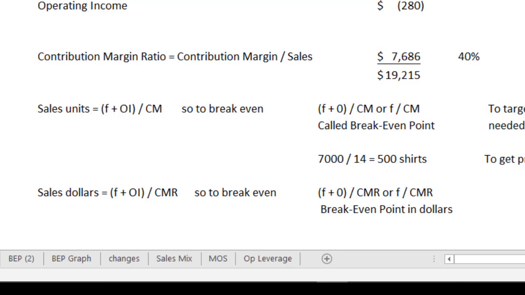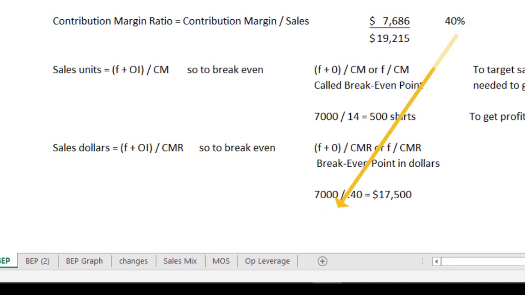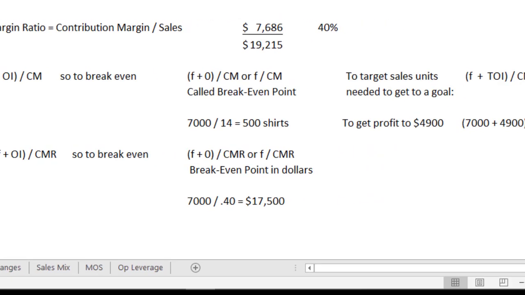So instead of using 14, we're going to use the percentage that we found in the contribution margin ratio. So using the 40% that we found earlier, we see that she needs to sell $17,500 worth of merchandise in order to break even. And you can use this to target sales in dollars instead of sales in units.